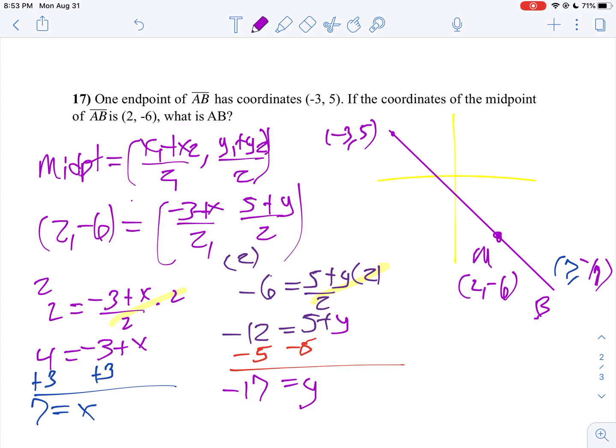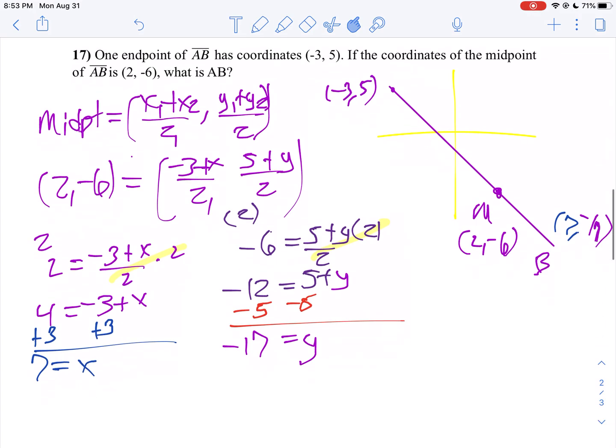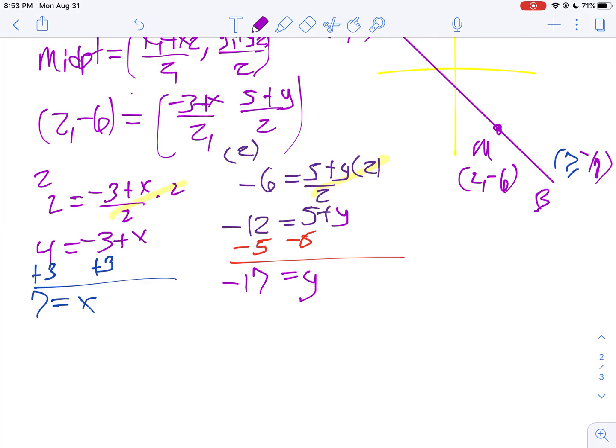Now you've got point B and you've got point A, so now we can use our distance formula. So distance equals, we're going to go x sub 1 minus x sub 2, or x sub 2 minus x sub 1. I think that's how the formula is, so I'll write it that way. Subtract your 2 x's, square them.